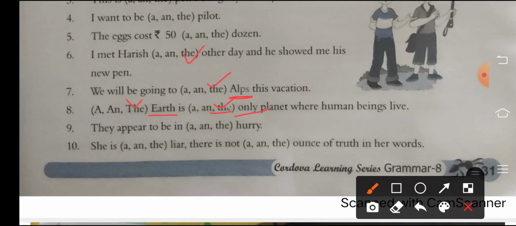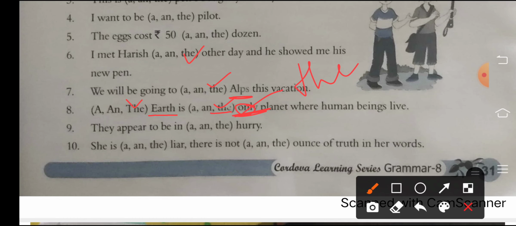Here we are making the thing particular. The Earth is the only planet where human beings live. Clear? It is given in your book also, things like the first, the only, the same. With words like only, same, first, second, last or main, you have to use the.